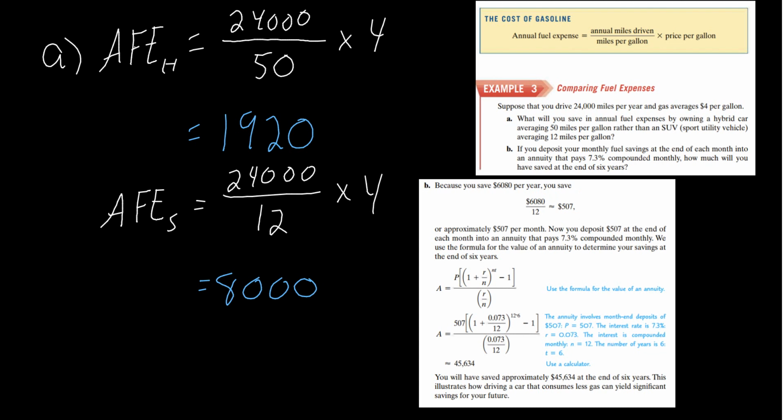That is insane. If you deposit that at the end of each month into your handy annuity formula, you'll see that at the end of 6 years, you'll have saved $45,000. That is pretty incredible in terms of the gas savings. But I couldn't imagine spending $500 extra a month on fuel expenses. But again, I don't drive that much.